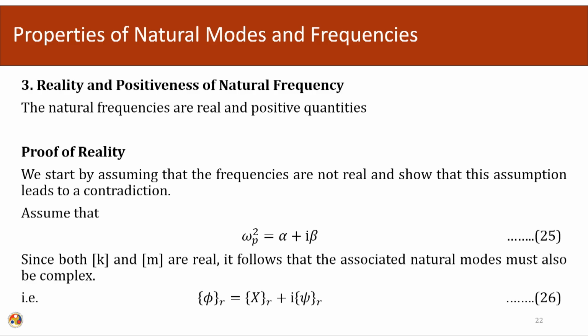So, moving ahead, reality and positiveness of the natural frequency. The natural frequencies are real and positive quantities. So, the proof of reality. We start by assuming that the frequencies are not real, and we will show that this assumption leads to a contradiction.